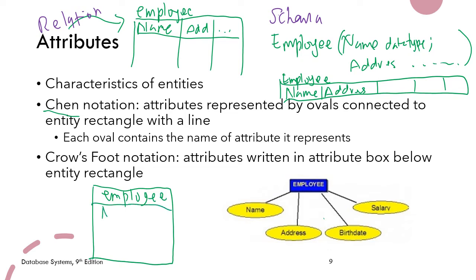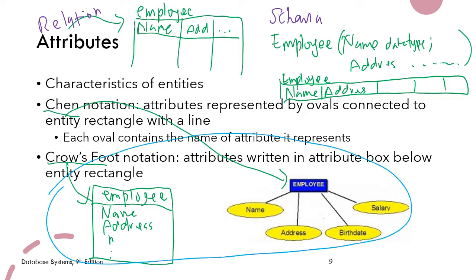Then we wrote down all the attributes: name, address, and so on. Okay, so this is a Crowfoot. Crowfoot, this is chain. Only these two is an ER. Don't confuse, okay? So these two, ER.